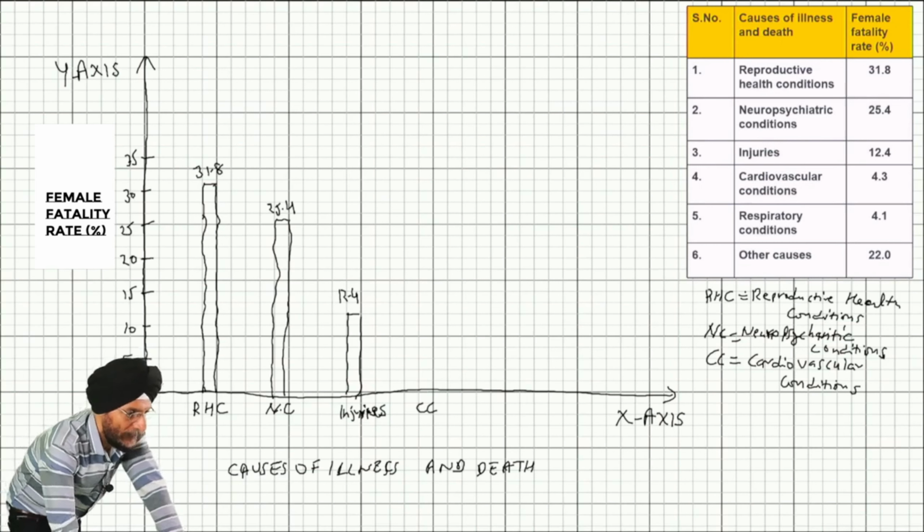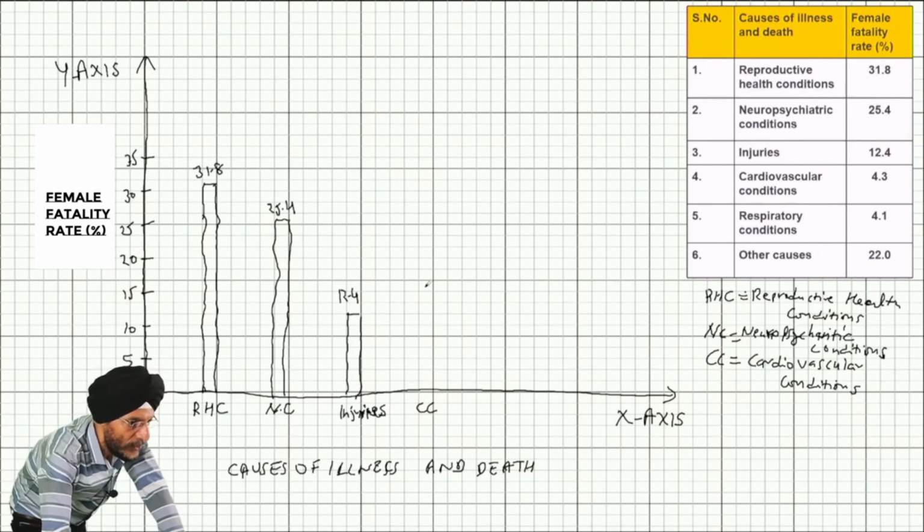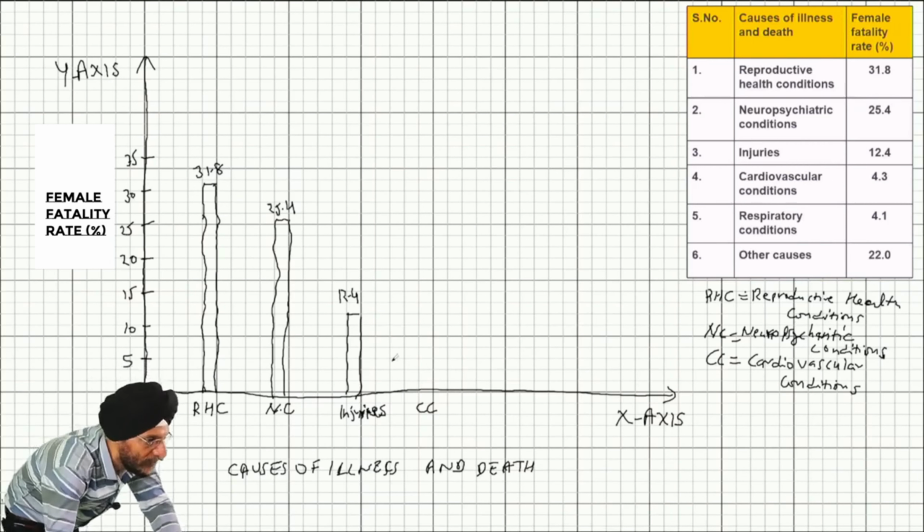Please note that we are maintaining equal distance, because in each case we are drawing the bar graph which is adjoining the line, this black line. So here cardiovascular is 4.3.